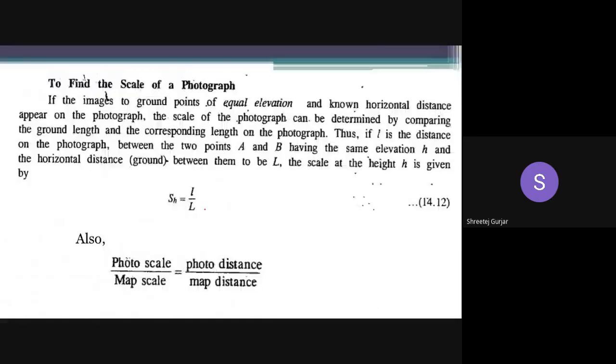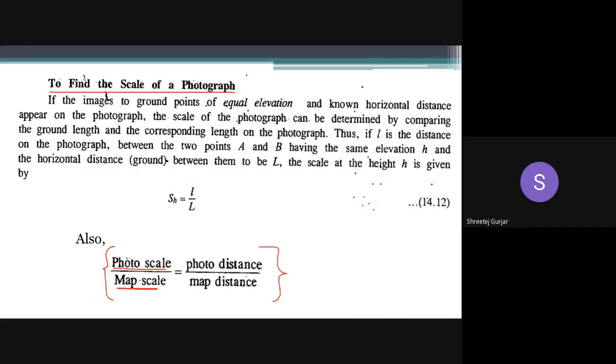Okay, so this is how to find the scale of a photograph. This can also be applied. That is, photo scale, the scale of the photograph, divided by the map scale. We have one scale for the photograph which we have just derived, and you already have a map in hand, and the scale of the map is also mentioned.